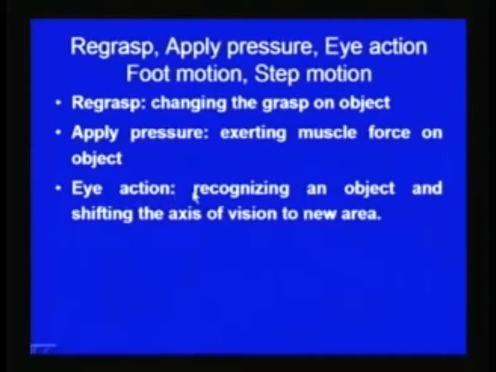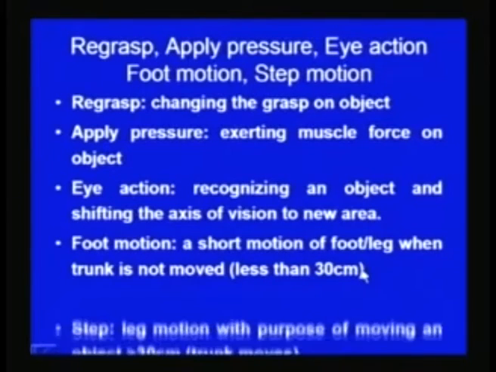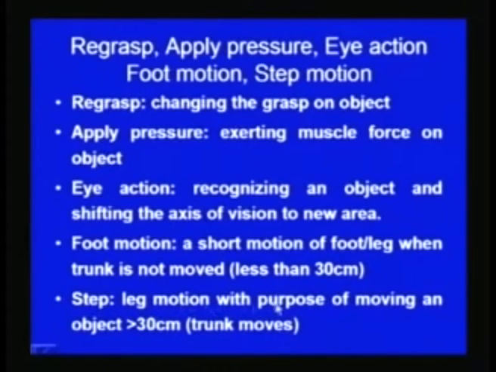Eye action is recognizing an object and shifting the axis of vision to a new area, and foot motion involves a short motion of the foot or leg when the trunk is not moved, and the movement is for less than 30 centimeters, while step is leg motion with the purpose of moving the body greater than 30 centimeters. In this case, the trunk moves.